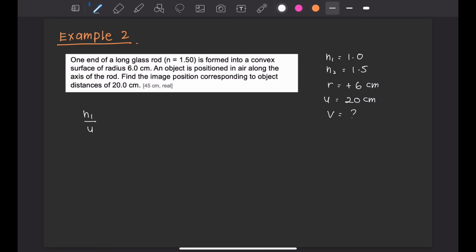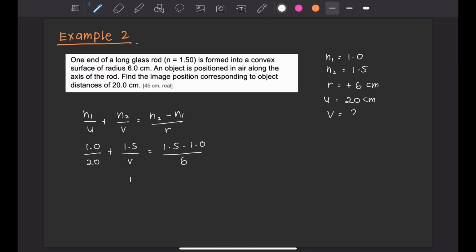We want the v. We are using the refraction at a spherical surface equation, and we have everything ready. Just substitute everything in the equation. 1.5 over v, which we don't know, minus 1 over 6.